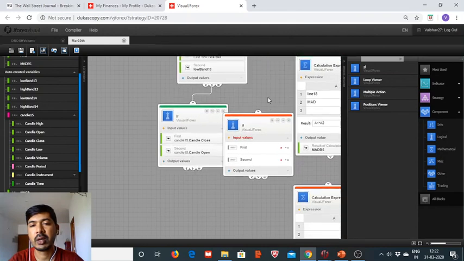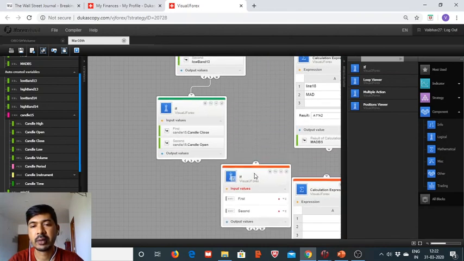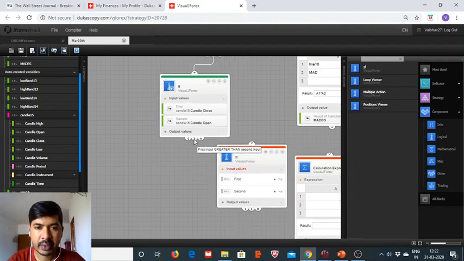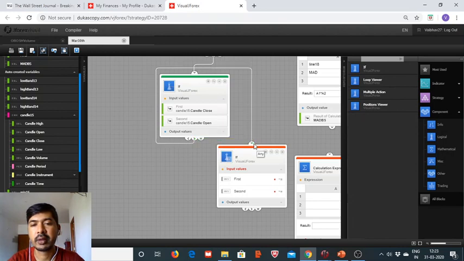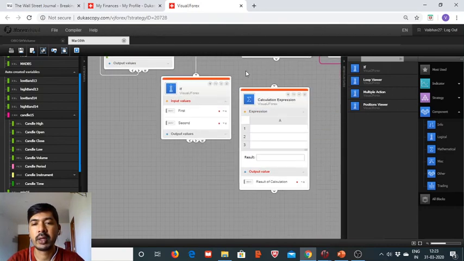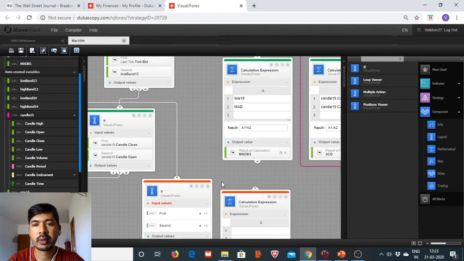So we bring in this requirement, and it is first input greater than the second input. Candle close is greater than the candle open, and now we take the difference.